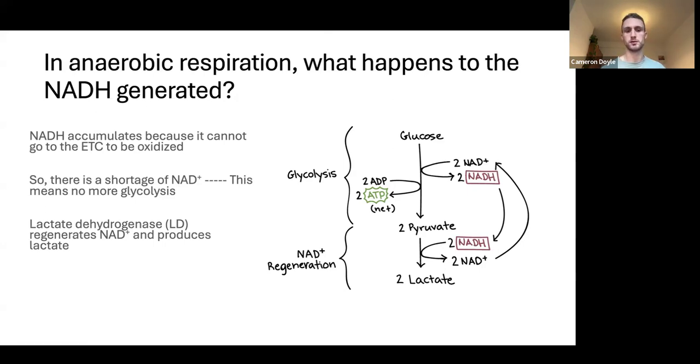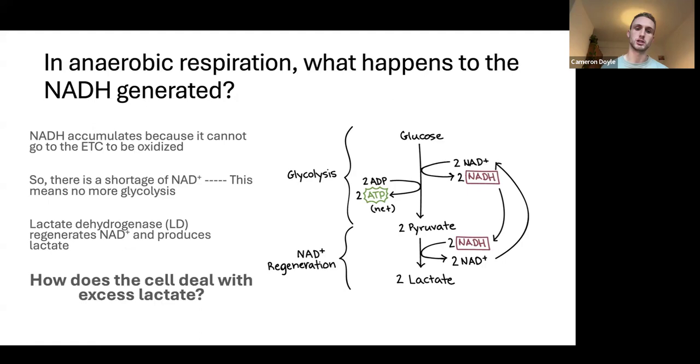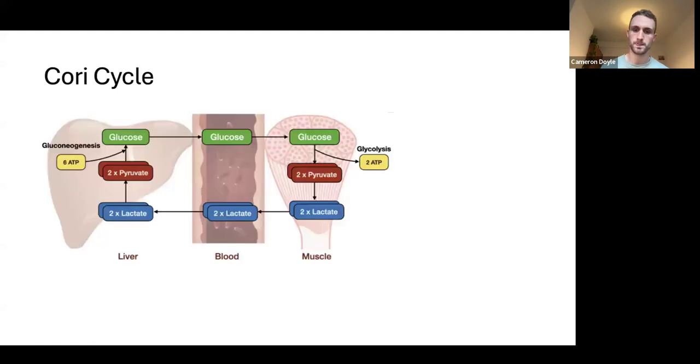You get a buildup of lactate because the enzyme lactate dehydrogenase kicks in to regenerate NAD plus. It allows you to cycle through this pathway, which is great for a while until you end up with way too much lactate. So what do you do? You do something called the Cori cycle.